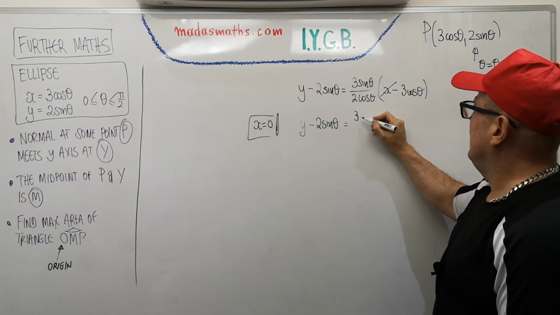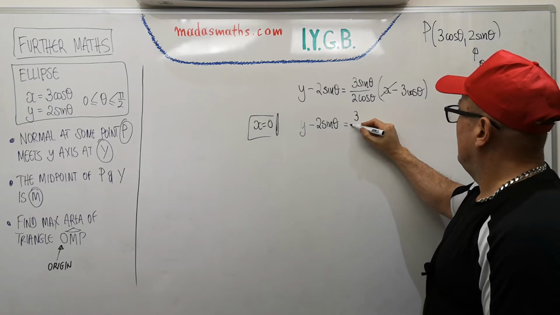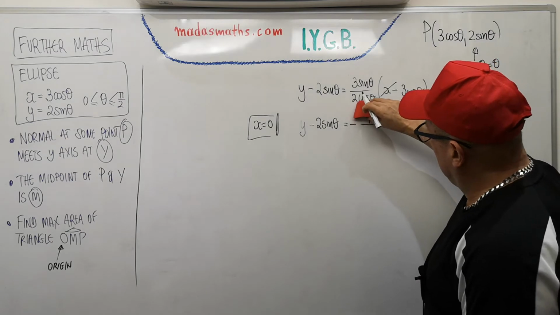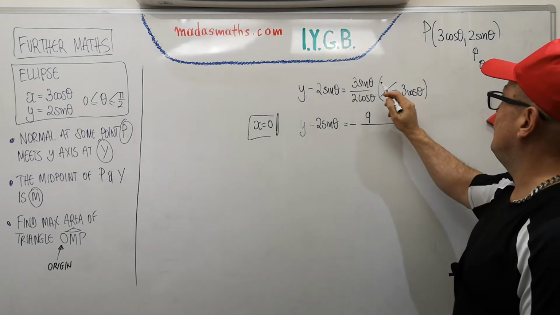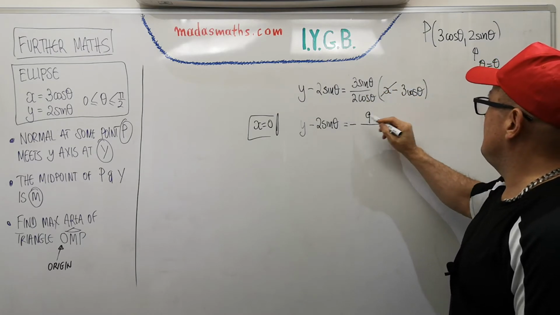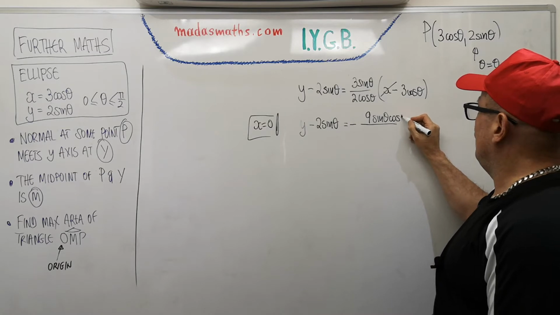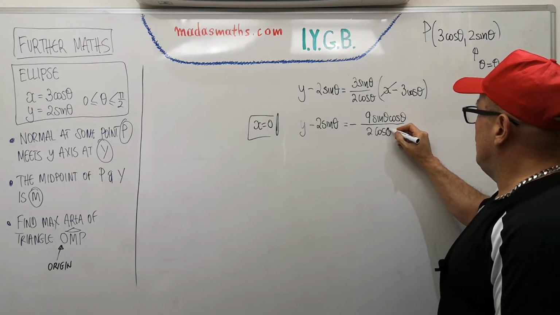Let me actually write it. 3, put the minus, sorry, I'm doing stupid things at times, too many thoughts come to my head all at once. So I've got 3 times 3 minus, I've taken care of, sine theta cos theta on the numerator, and then I've got a 2 cos theta on the denominator.